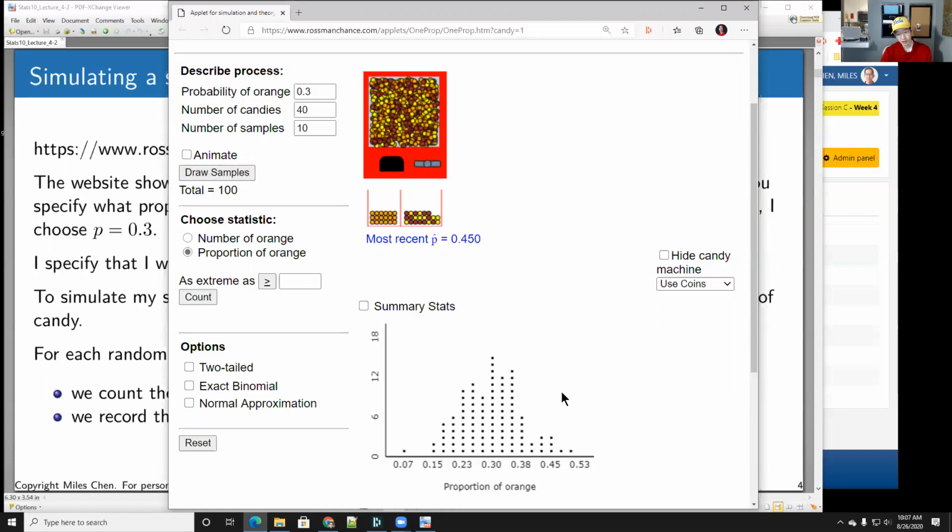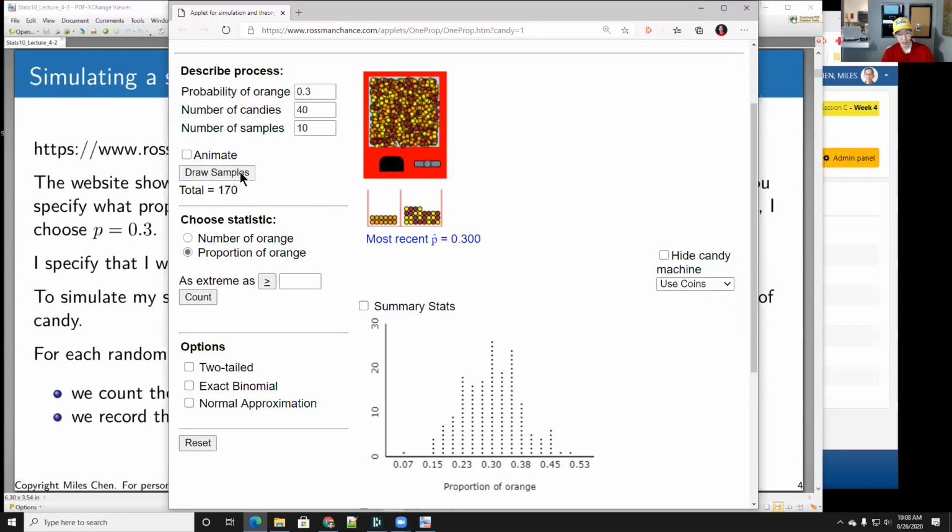So this is what our sampling distribution looks like after 100 draws, okay? And what we know from the law of large numbers is that the more trials we run, the more our empirical distribution will look like the theoretical distribution, okay? So I can keep adding more and more.